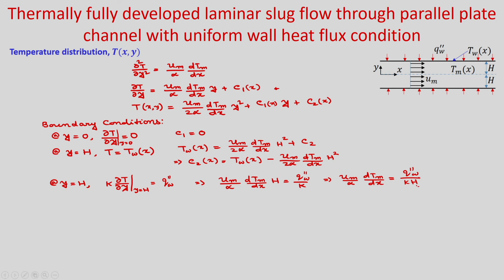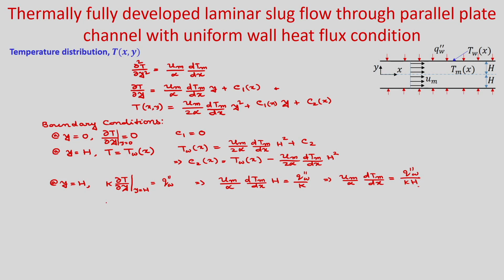This we can also derive straightforwardly from the expression of dT_m/dx, because you know that dT_m/dx for this uniform heat flux boundary condition is q″_w P by m-dot C_p. So, this is constant, already you have written. Now you tell me what is P? Perimeter. This perimeter is the heat transfer area on the wall.